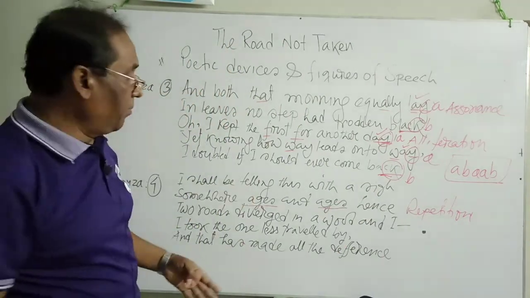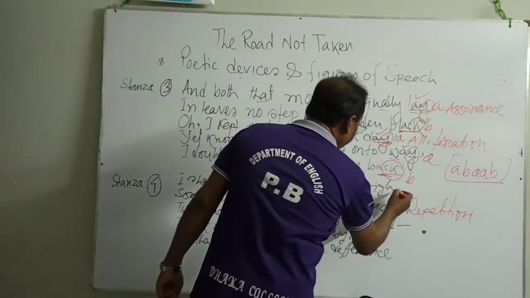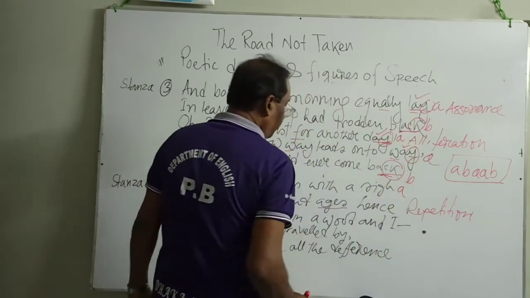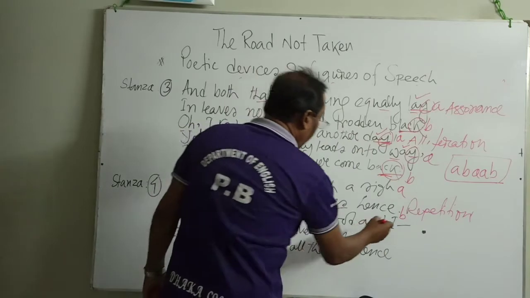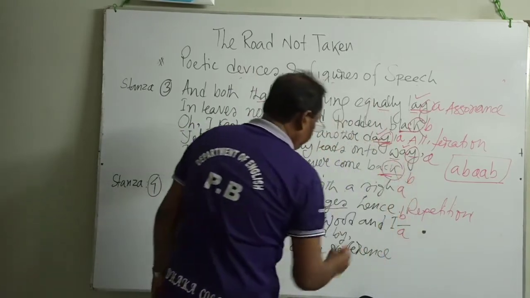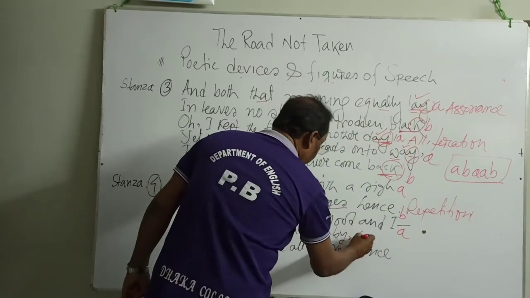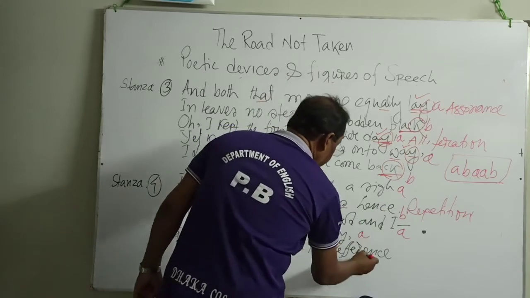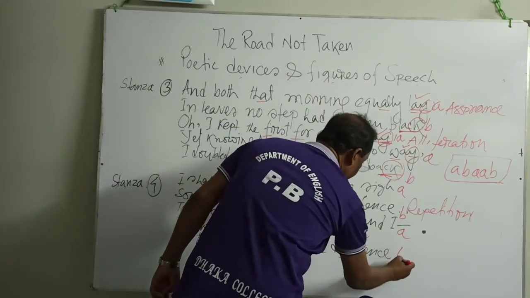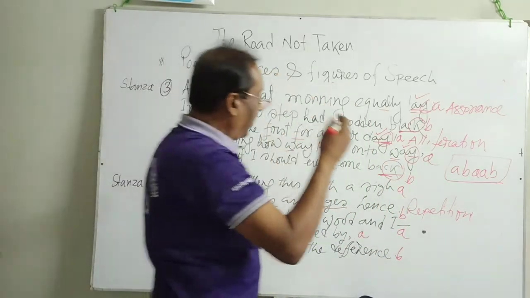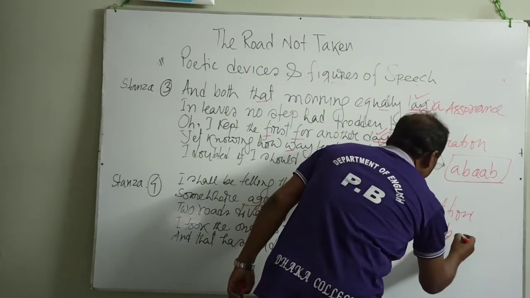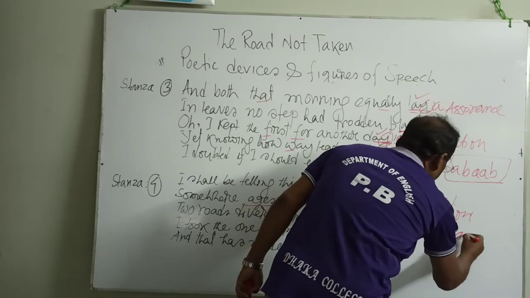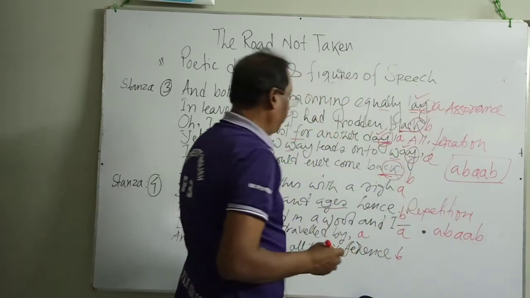The same rhyme scheme we can find in the last stanza: sigh, a; hence, b; I, a; by, a; hence and deference, b. Here the rhyme scheme is again a, b, a, b.